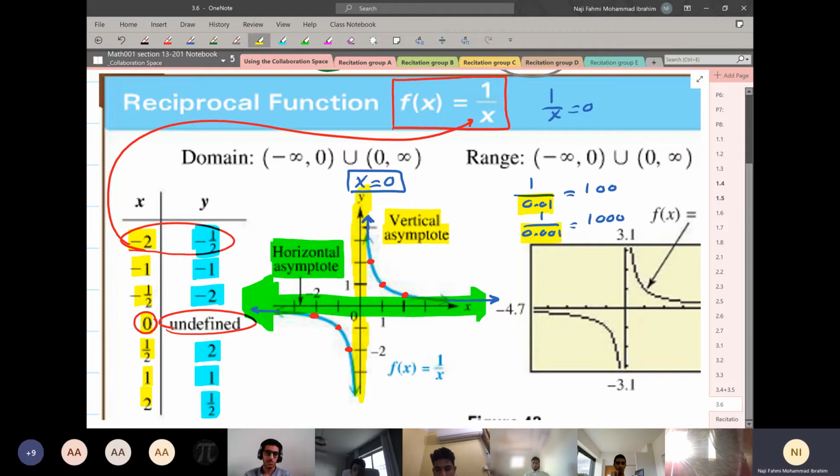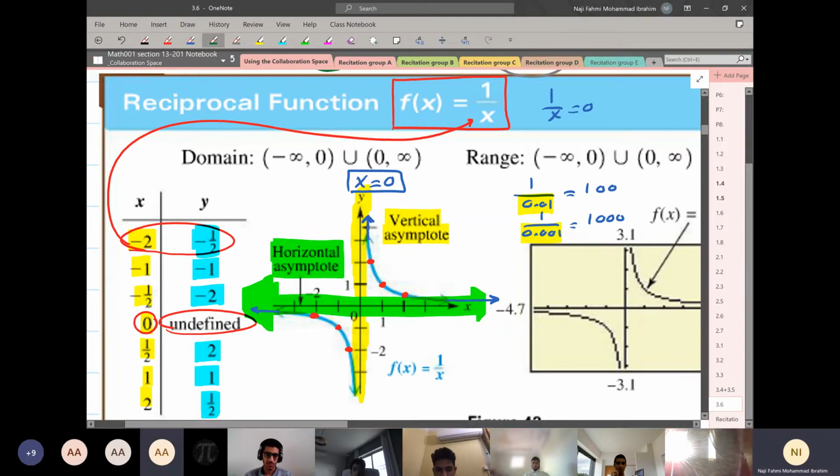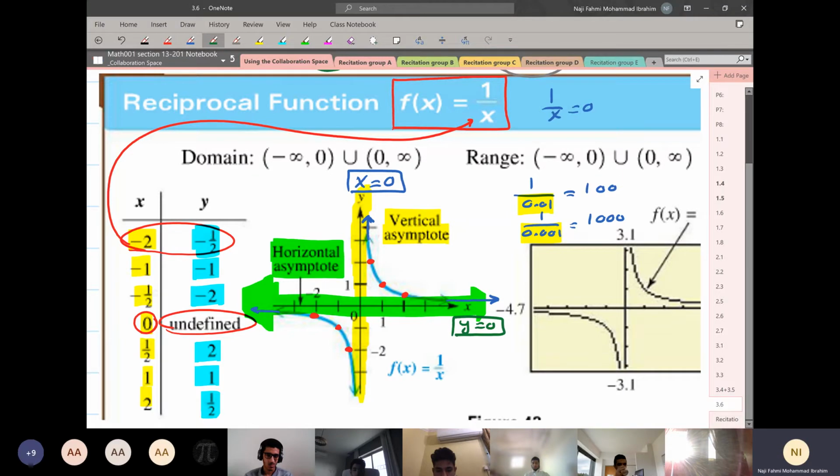A horizontal one, which is y equals 0, and a vertical one, which is x equals 0. Of course, from the graph, we can know that the domain is what? All real numbers except 0. And the range is also all real numbers except 0.